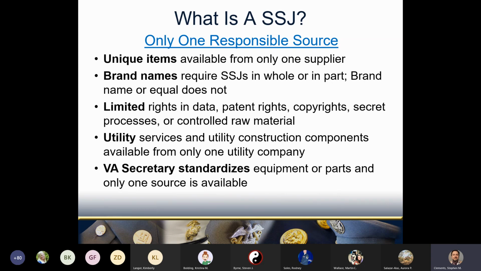If utility service is only provided by one vendor in an area, we're stuck. And the FAR knows that, and it helps us out. If our requirement involves building or repairing something with a component only available from one local utility, we would write an SSJ for that one part.